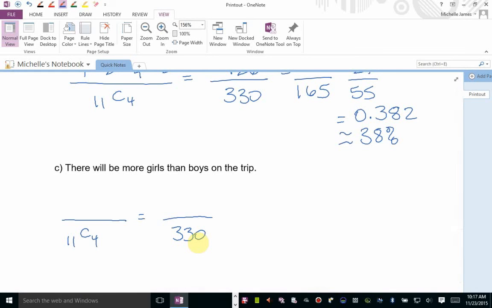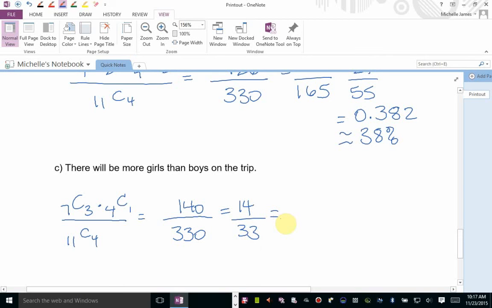So if there's more girls than boys, how many girls? 3. And 1 boy. So we're going to have 7 choose 3, multiplied by 4 choose 1. The top works out to 140, which reduces to 14 out of 33. That one was easy. So 0.424, which is approximately 42%.